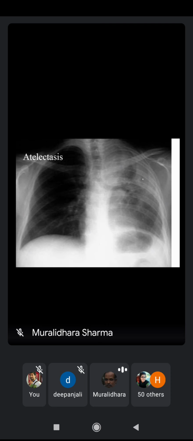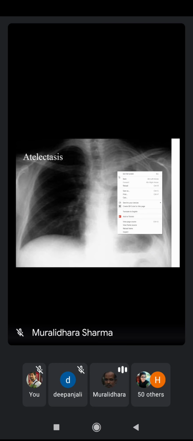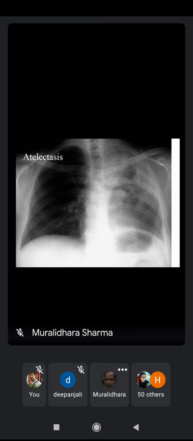Obviously, there is a density which is not of uniform nature. Within that dense area, you can find an air-containing shadow. I think you are able to make out this air-containing shadow. I hope you are able to make out that.